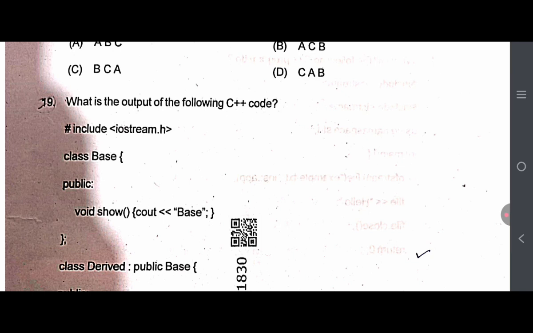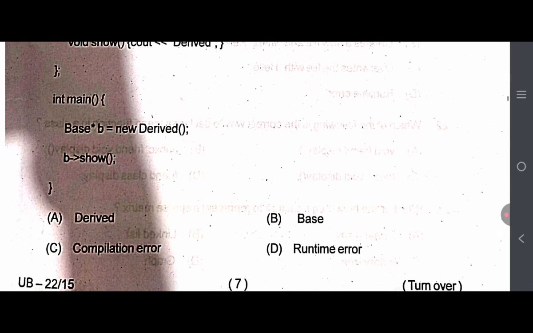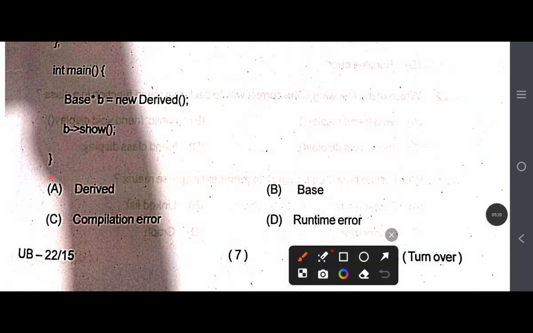It will look at the actual type of object that b is pointing to, which is derived. Therefore, the show function of the derived class will be executed and it will print derived. Option A, derived.